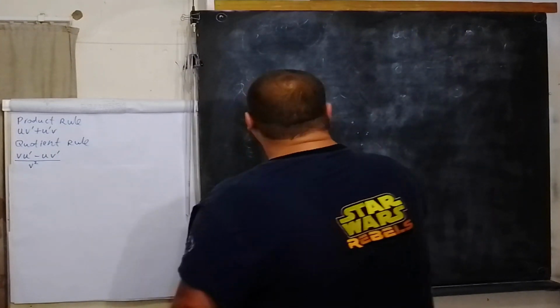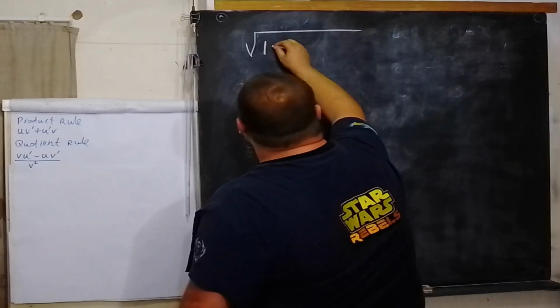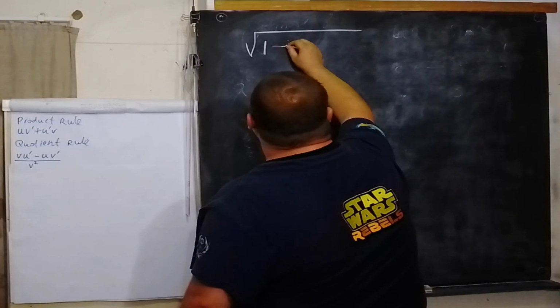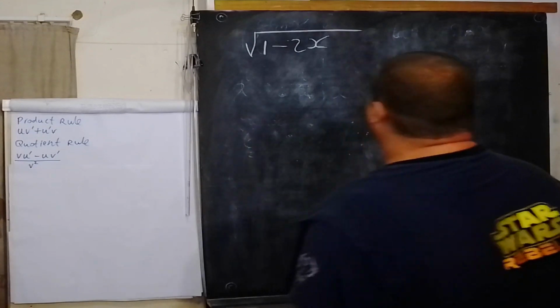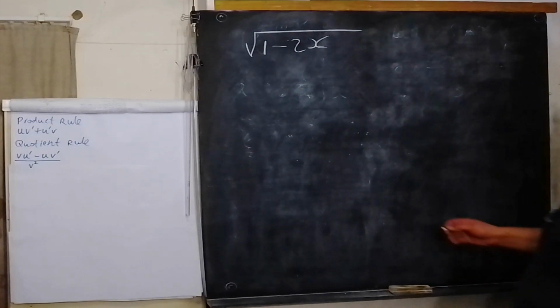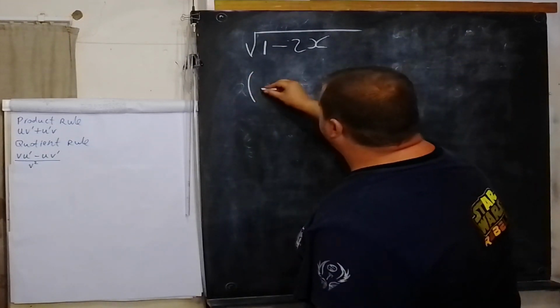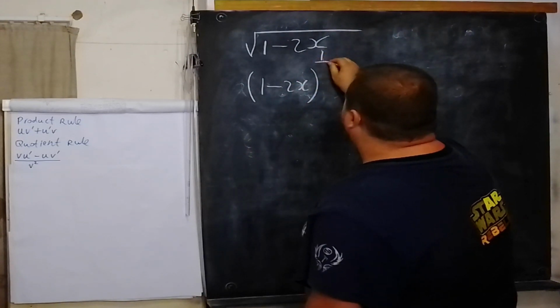Now our last sum. Okay, the first step, and what I always do first, is put this in a bracket: (1 minus 2x) to the power of a half.